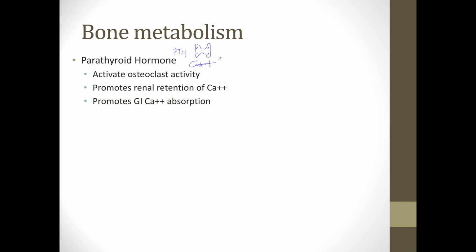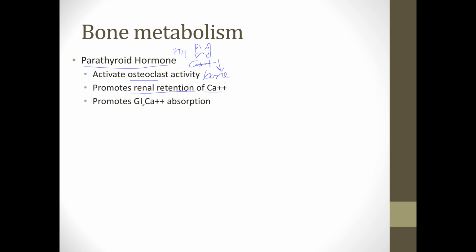Calcium. And the bones, again, are stores of calcium. So when blood calcium is low, we're going to need more calcium to run our muscles, to run our heart, to run all kinds of cells. So PTH stimulates osteoclasts to break down bone so that there can be calcium liberated into the bloodstream. It stimulates the kidneys in the renal tubule to retain calcium instead of peeing it out.